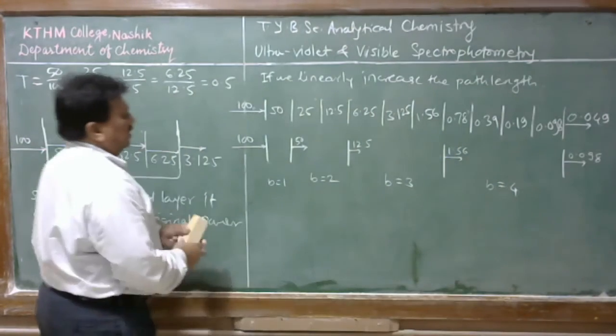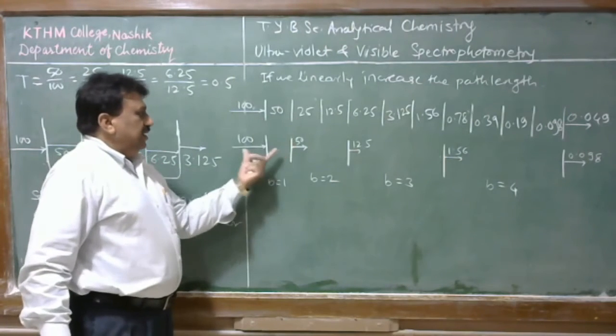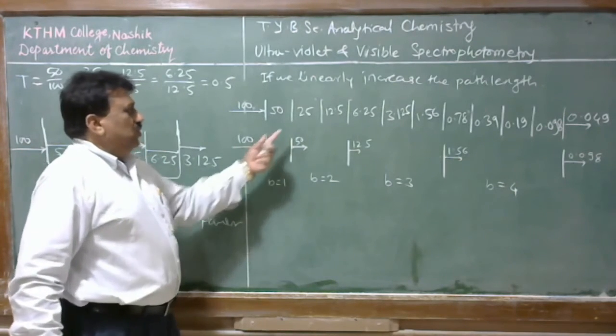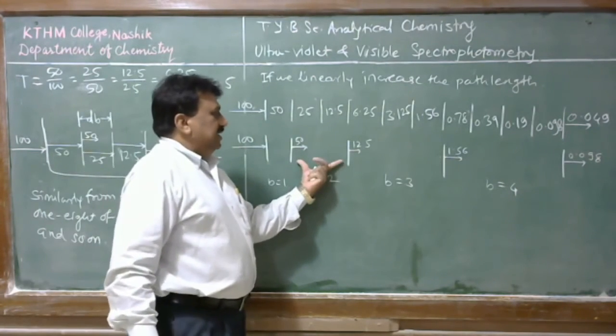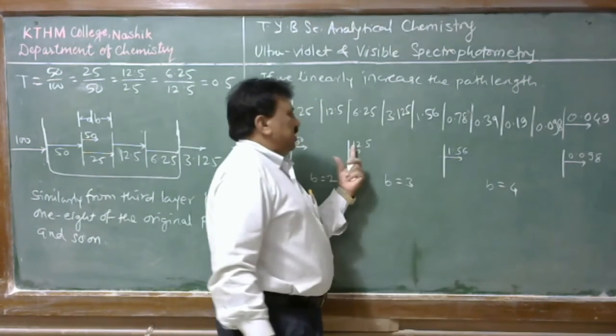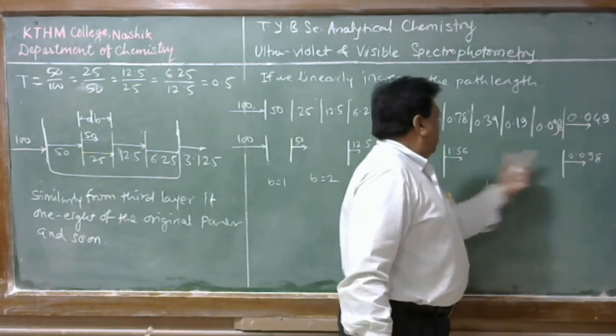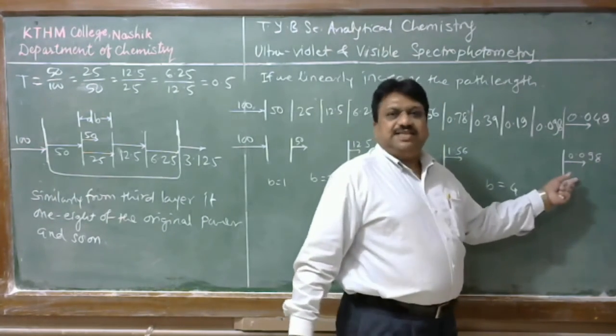That means here in this case first layer intensity is divided by 2, for second layer transmitted, that is 50 divided by 4, for third layer 12.5 divided by 8, and for fourth layer 1.56 divided by 16.